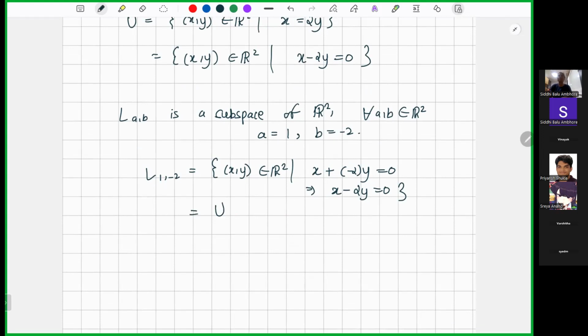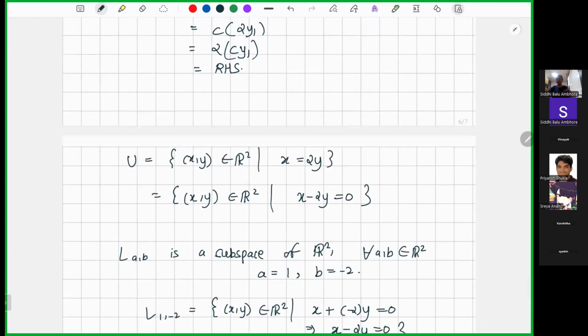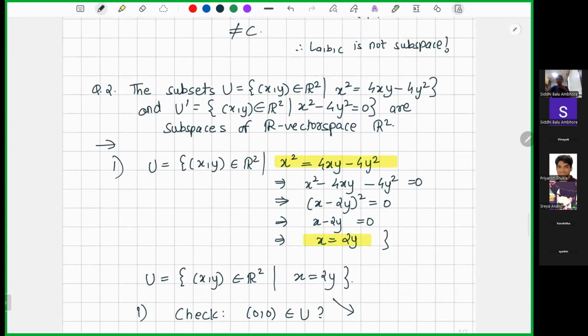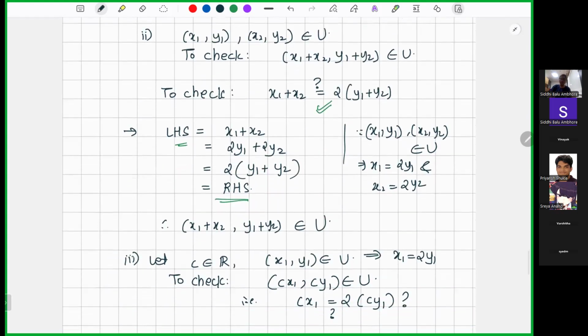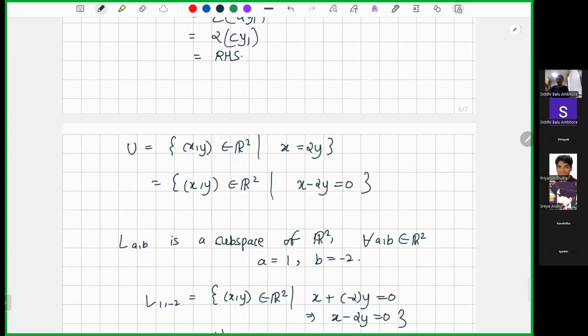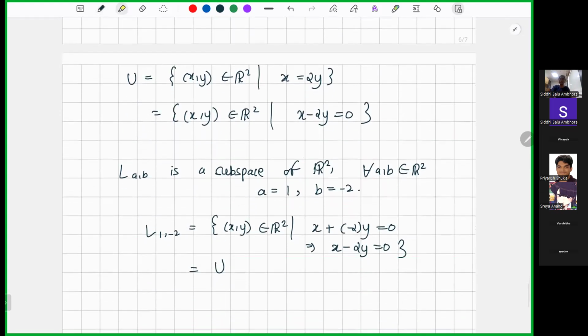So I do not even have to check all these properties, whether 0 belongs, whether it is closed under addition or not, and the scalar multiplication part. I could just directly see that the set U which we have here is actually our L of 1, minus 2, which we already proved in general that it is a line passing through the origin and the point, what point belongs here?